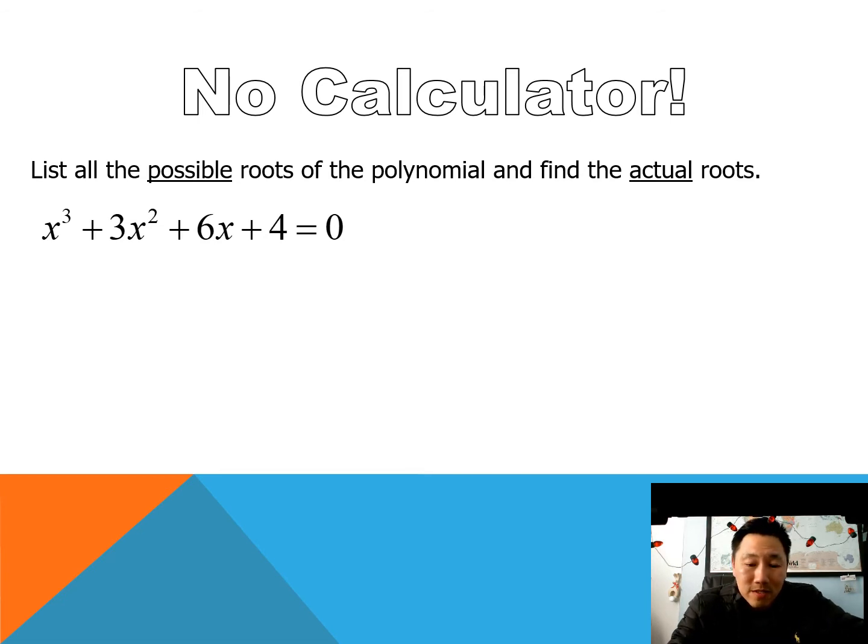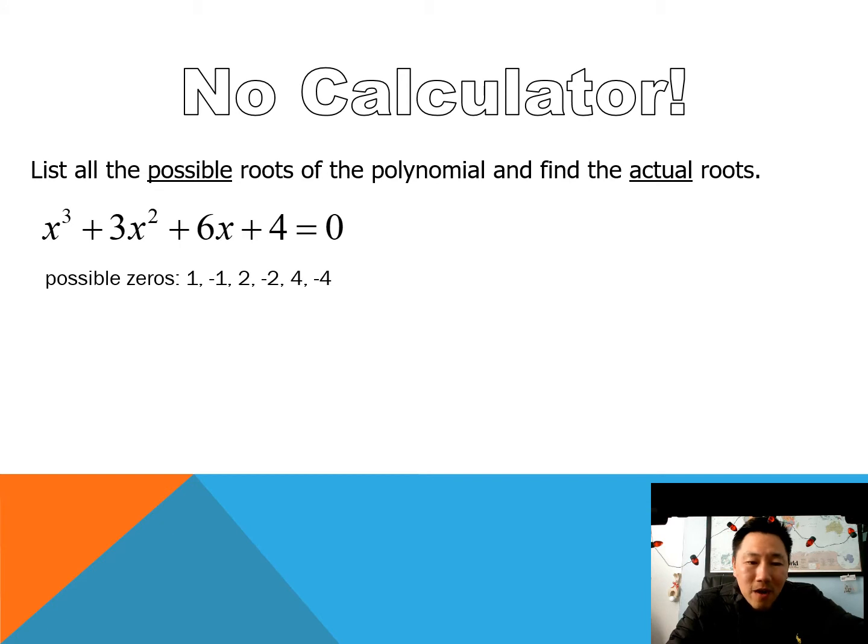What the theorem said is that if we look at the constant back here, the 4, the answer to this equation has to come from this 4 or factors of the 4. All right, so the first part of the homework is going to ask you to list what are the possible answers to this equation.